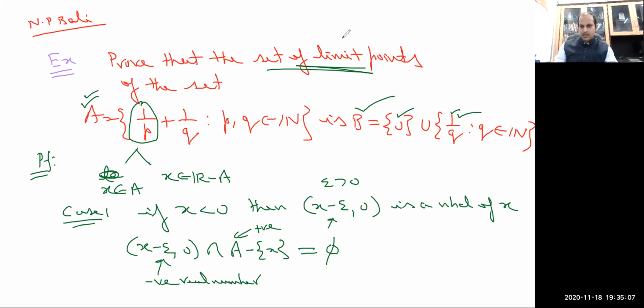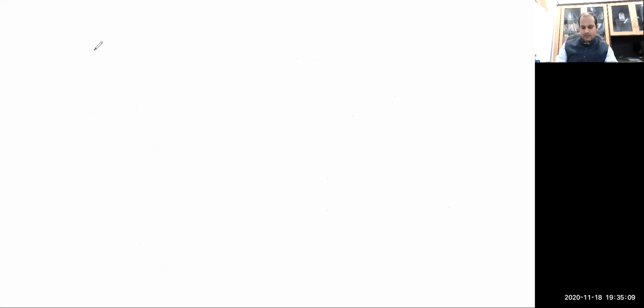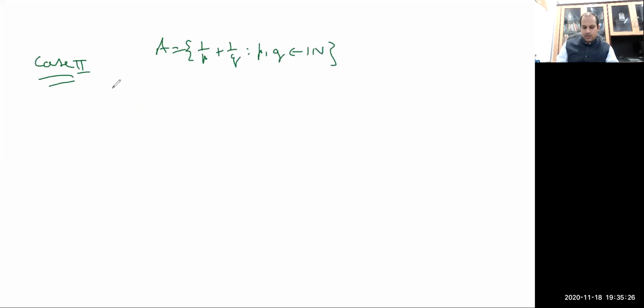Now let me discuss case second. The set is given by A equal to 1 by P plus 1 by Q, where P, Q belong to natural numbers. So in case second, from the Archimedean property of R, we will see that X equal to 0 is going to be its limit point.